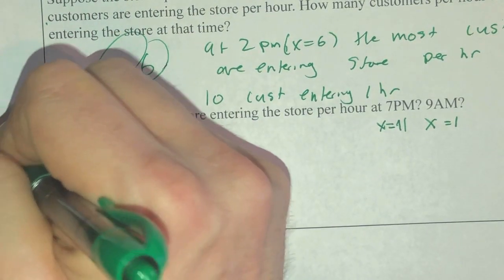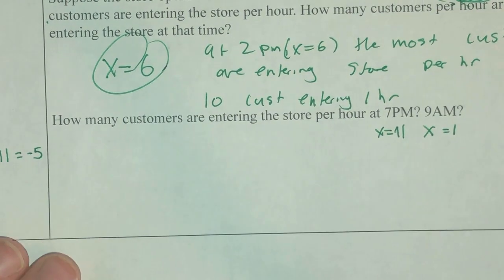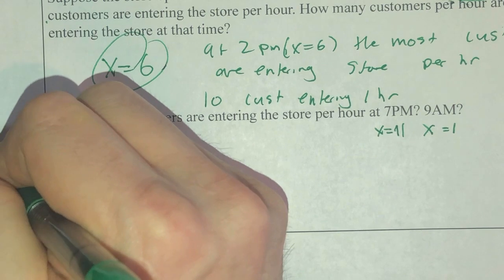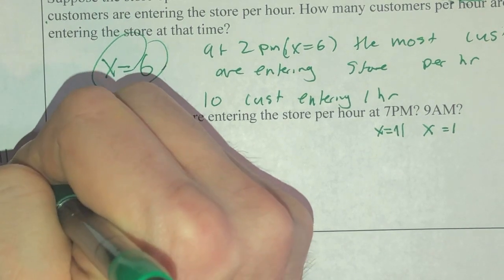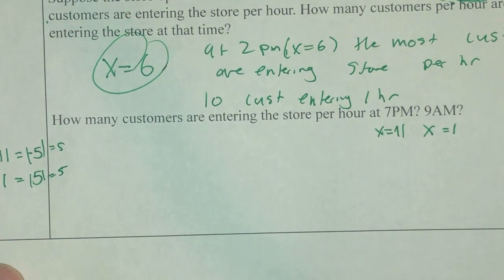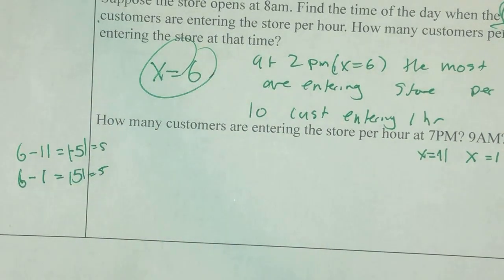Notice that 6 minus 11 is negative 5. 6 minus 1 is positive 5. The absolute values of each of those are 5, meaning 11 and 1 are the same distance away from the vertex of 6, and so therefore their y values will be the same, right? We know that is true.